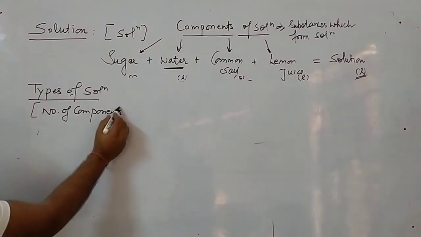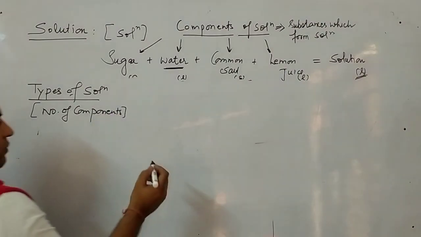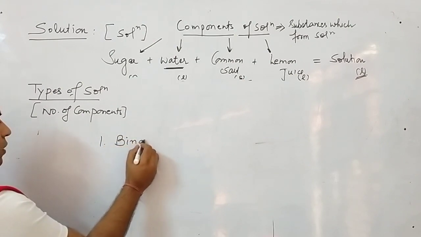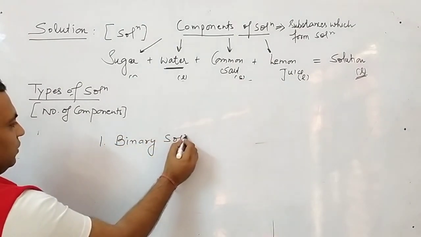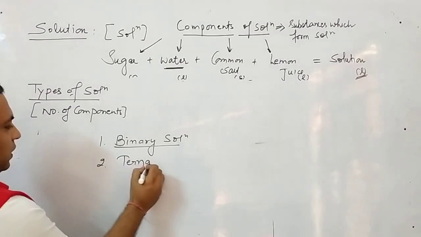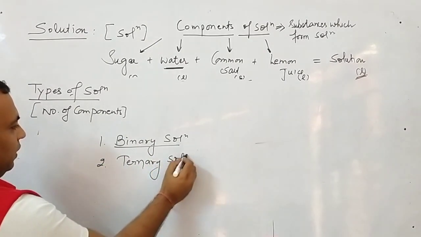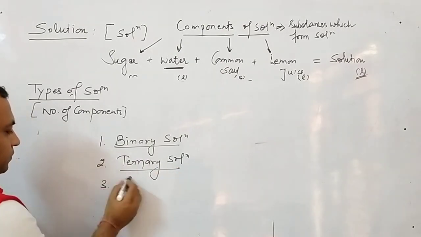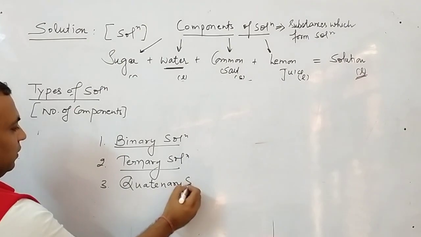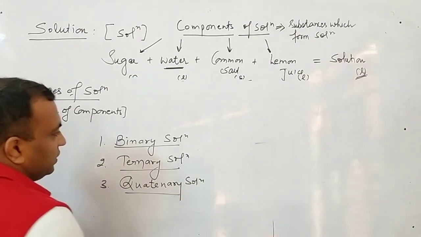Means how many components I am having. So your solution is divided into three categories. Number one, binary solution. Number two, ternary solution. And number three is quaternary solution.